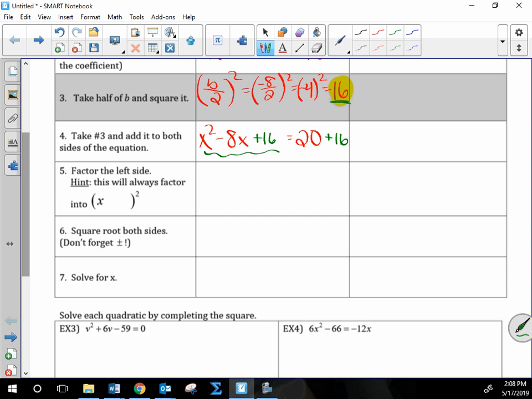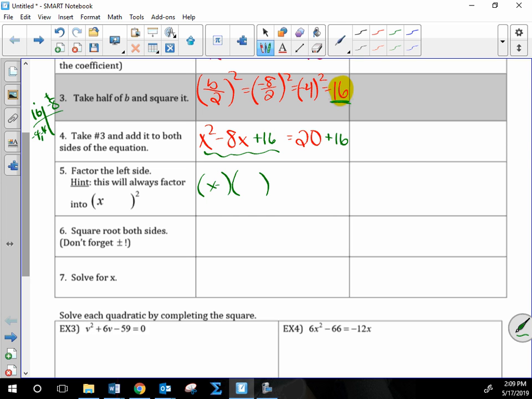Okay, so now let's factor the left side. What does x squared minus 8x plus 16 factor into? Take a minute, think about it. We need what multiplies to 16 and adds to negative 8. Negative 4, do we agree with that?